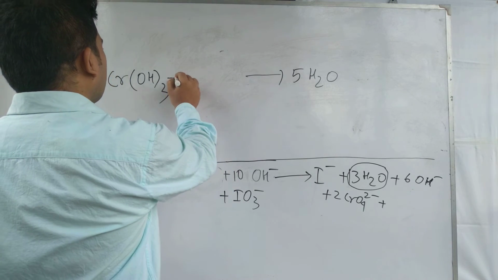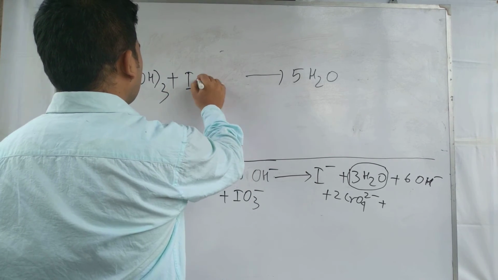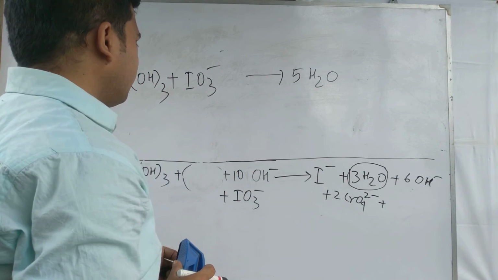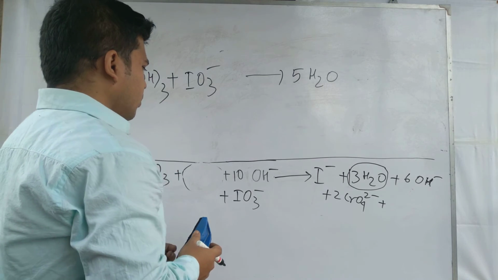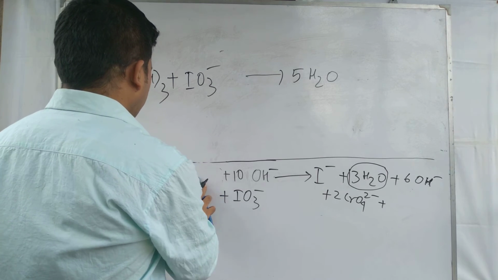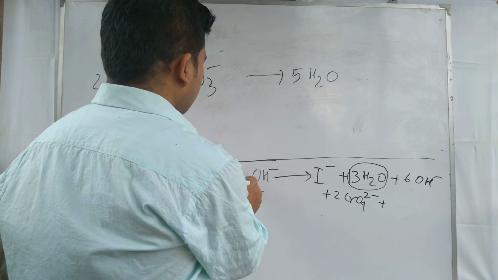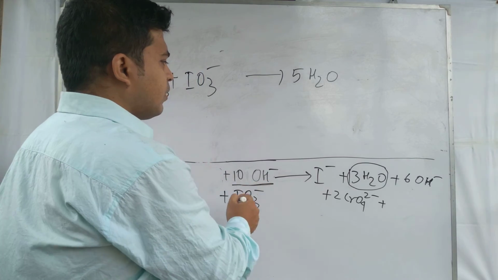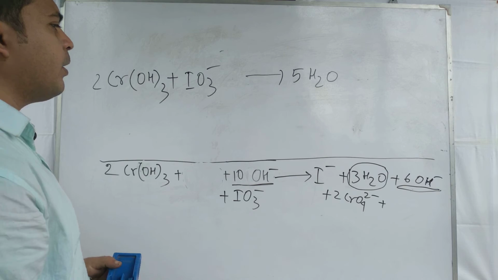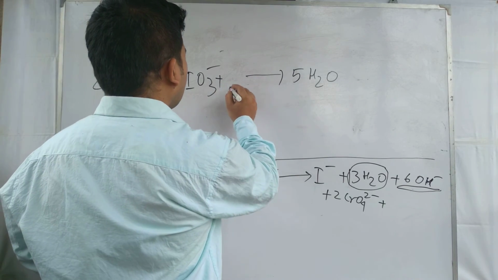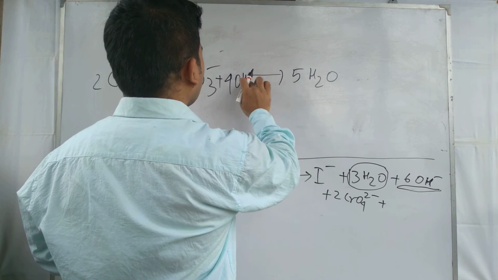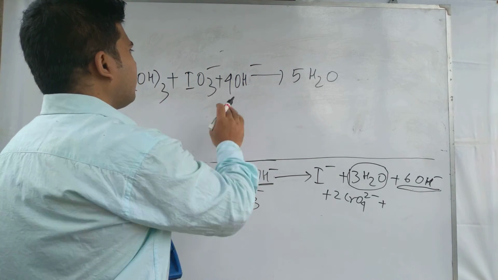Next, iodate has no common ion, IO3 minus, so we write it as it is, because it has nothing in common on both the left and right hand sides. But OH minus is common here, 6 OH minus and here 10 OH minus, so the overall 4 OH minus is present.